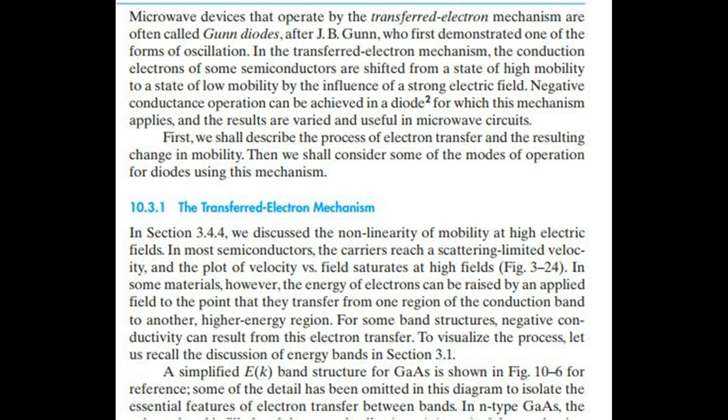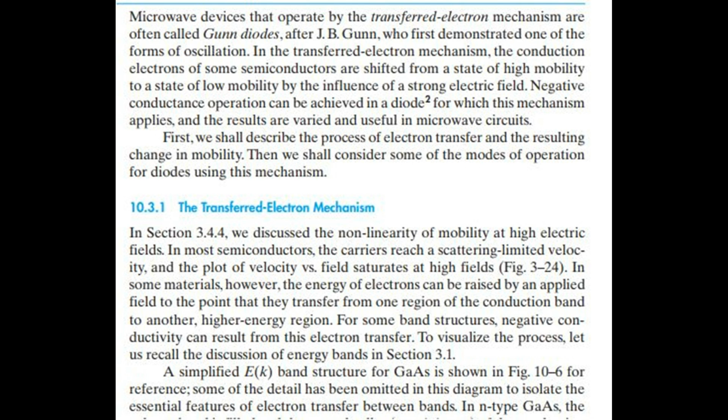To visualize the process, let us recall the discussion of energy bands in section 3.1. A simplified E-K band structure for gallium arsenide is shown in Fig 10.6 for reference. Some of the detail has been omitted in this diagram to isolate the essential features of electron transfer between bands.